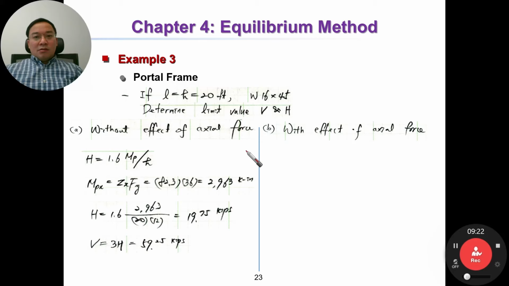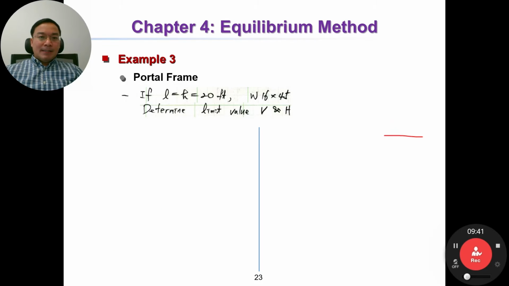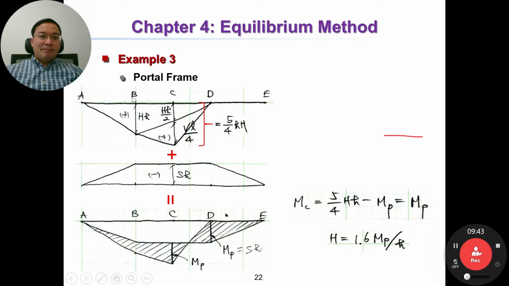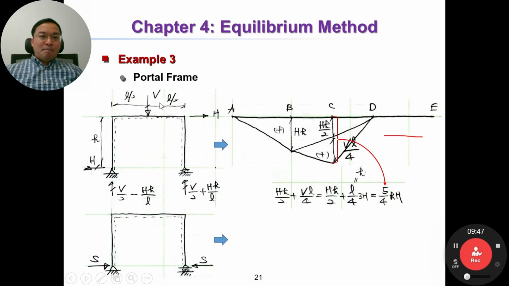Okay, so now we consider the effect of shear force, axial force, the effect of axial force. For member BD, what is member BD? BD is beam. BD is beam, okay? The beam.